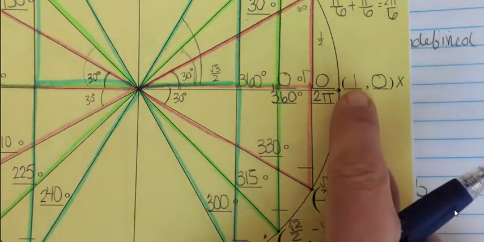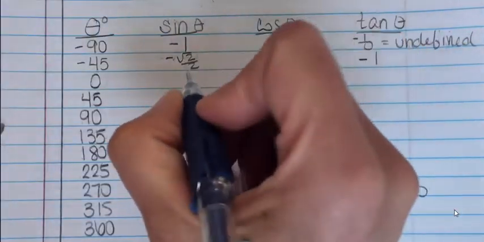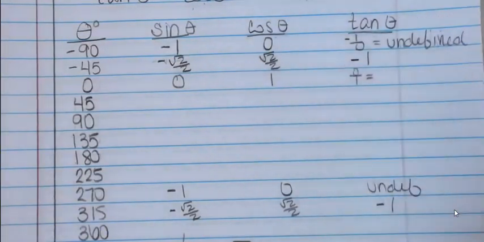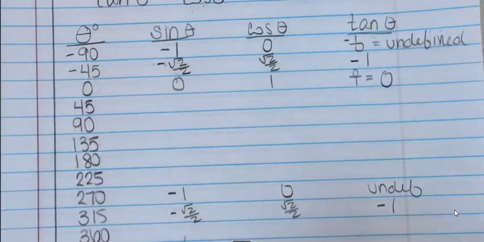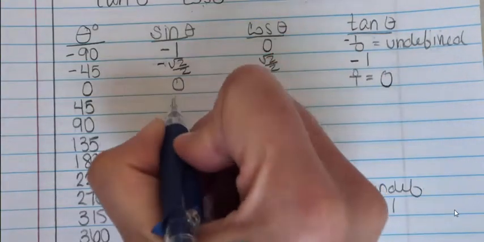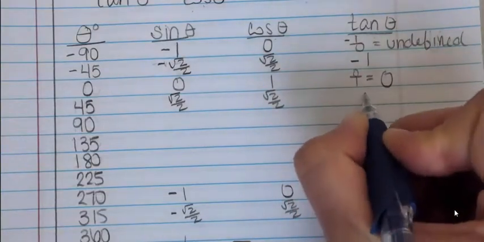At 0 degrees, we have 0 as our sine, 1 as our cosine. And 0 divided by 1 is not undefined. That's just 0. At 45 degrees, it's going to be root 2 over 2, root 2 over 2. Divide those, I get 1.